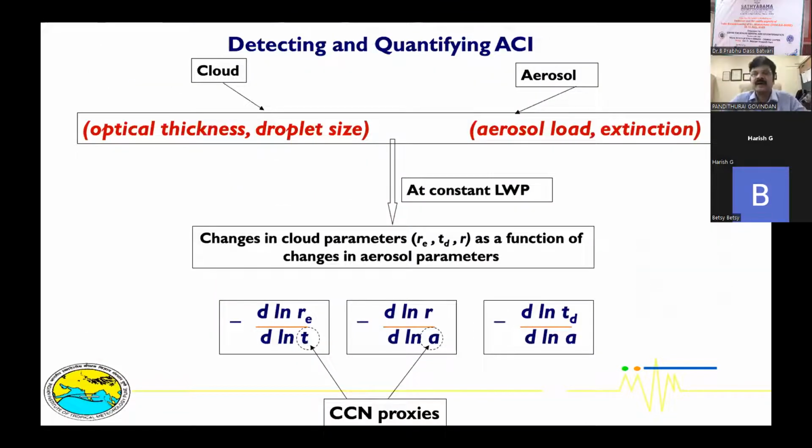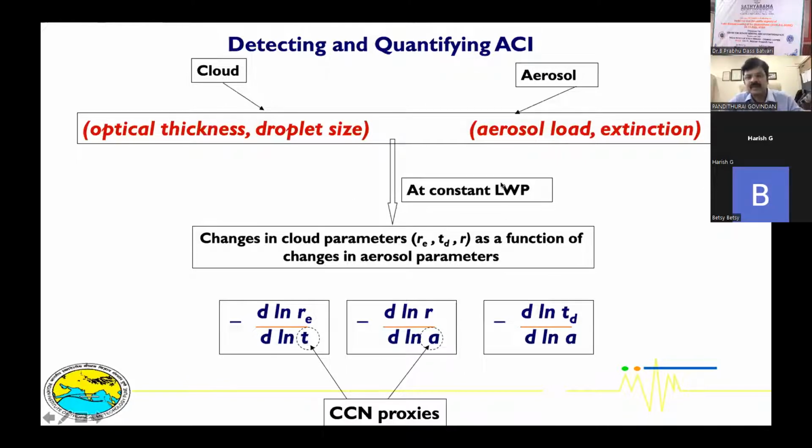So how do we estimate the aerosol cloud interactions? We need to have both cloud and aerosol parameters. On the aerosol side, we should know the extinction coefficient or aerosol loading or CCN concentration, whereas on the cloud side, we should have the cloud droplet size or cloud optical thickness.